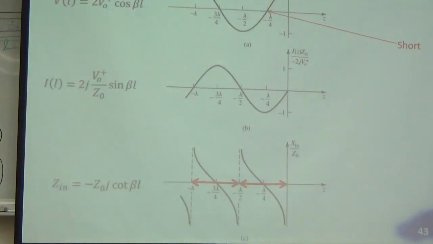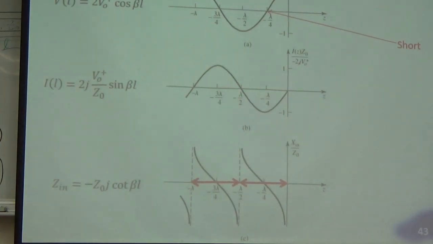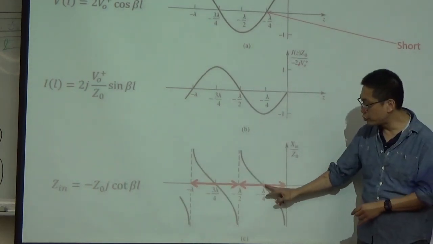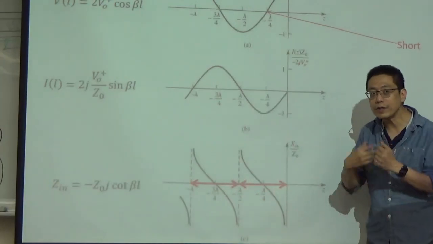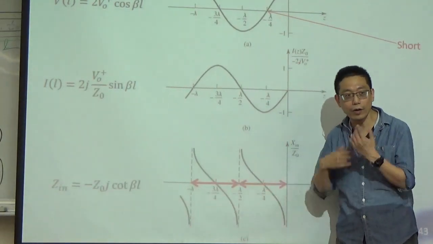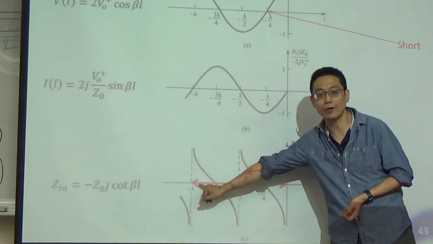Okay? So this is one of the interesting situations of a high frequency transmission line. That's why lambda over 4 and lambda over 2 are important. You can see open, short, open, short, or you can see it changing, or coming back to the original.